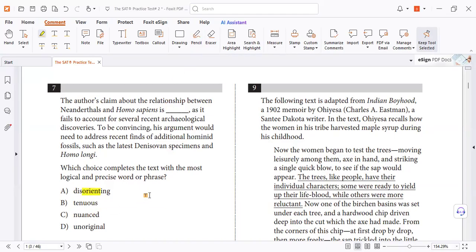What is it? The claim about the relationship is subject, verb, complement. So the claim about the relationship is what? You don't understand? Go. Because it's a cause and effect relation: it fails to account for several recent archaeological discoveries. So the claim is confusing?